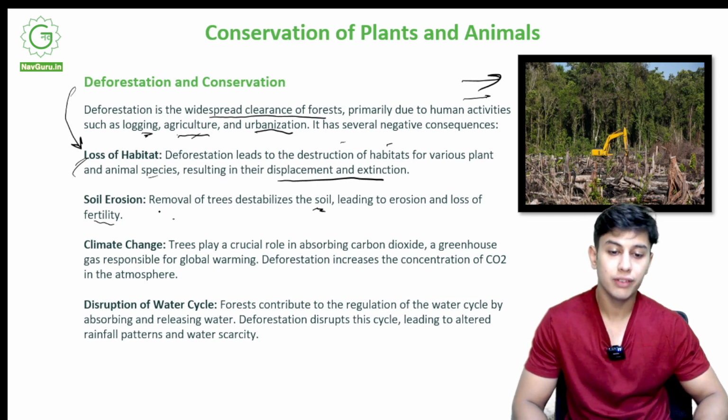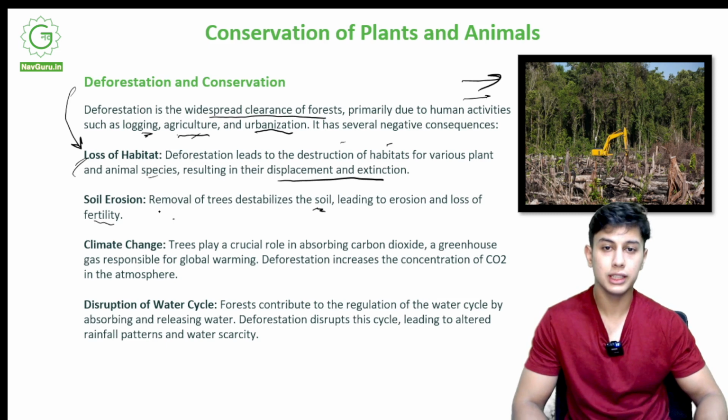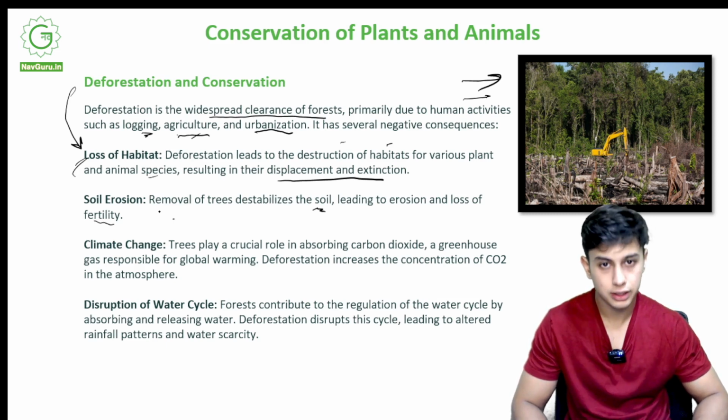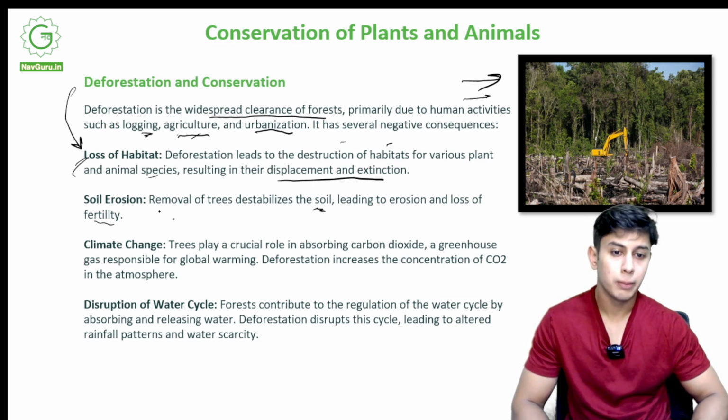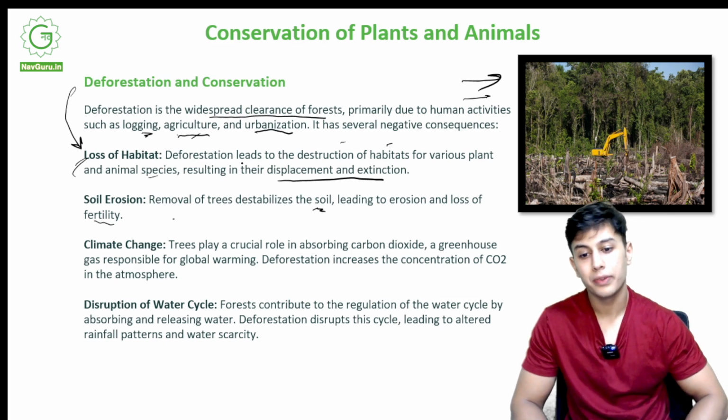Whatever fertility was in that soil, where crops and plants were growing, has now vanished. And what is erosion? It is being washed off by rains and by wind. Soil being washed off is called soil erosion.